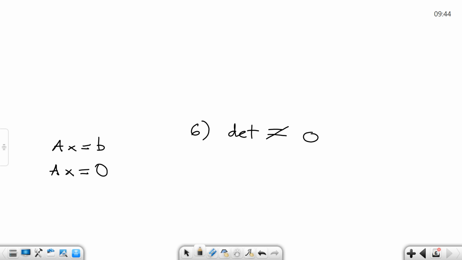You can also say that on there. If we're putting things on there, this is non-singular. It's just equivalent statements. If your determinant is not 0, then you have an inverse. If your determinant is not 0, then you have a unique solution and that type of thing.